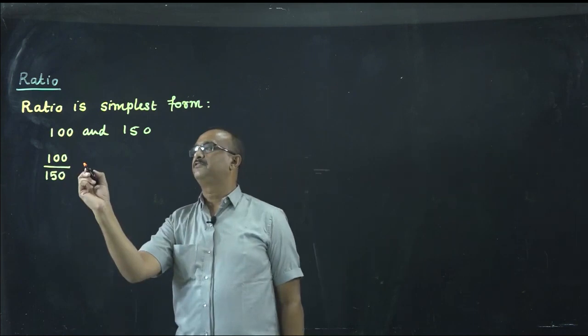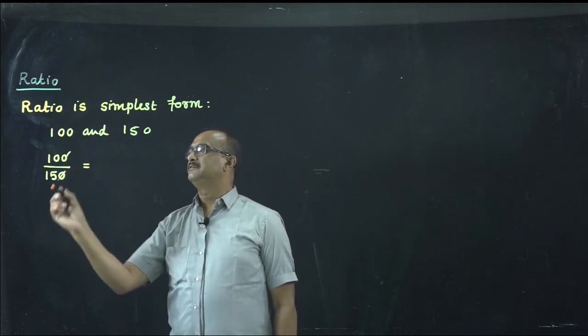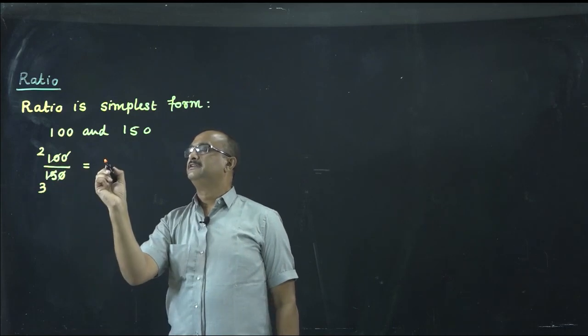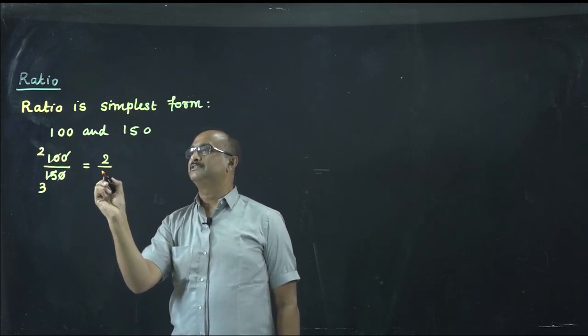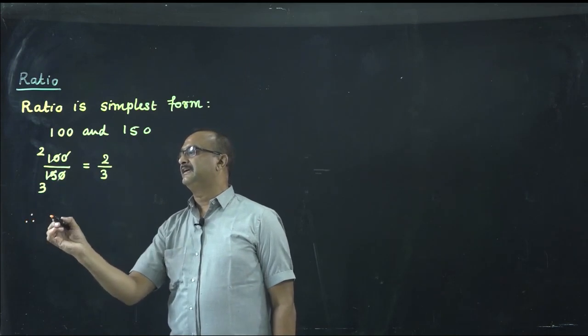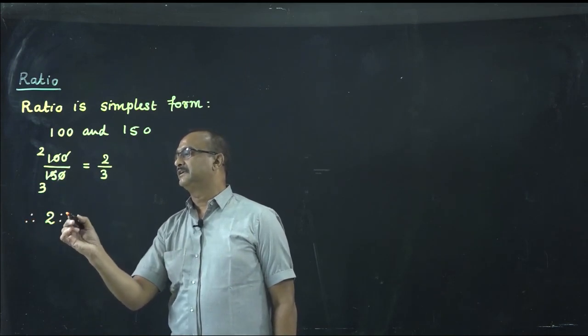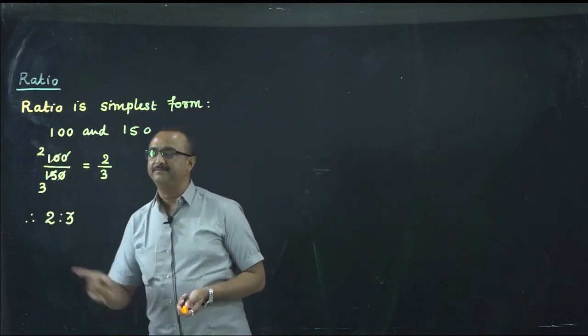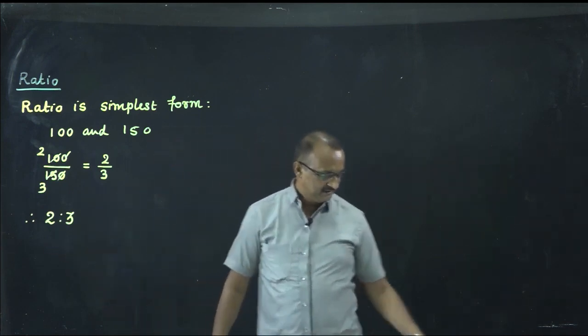What is the simplest form? 0 0 cancel, 5 2s are 10 and 5 3s are 15. The simplest form is 2 by 3. In ratio, it can be written as 2:3. So we can say that the ratio between 100 and 150 is 2:3.